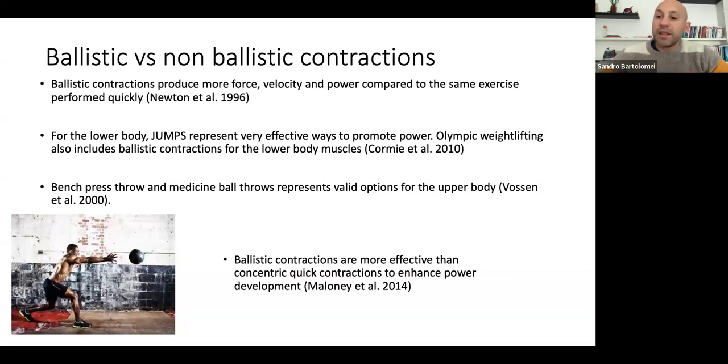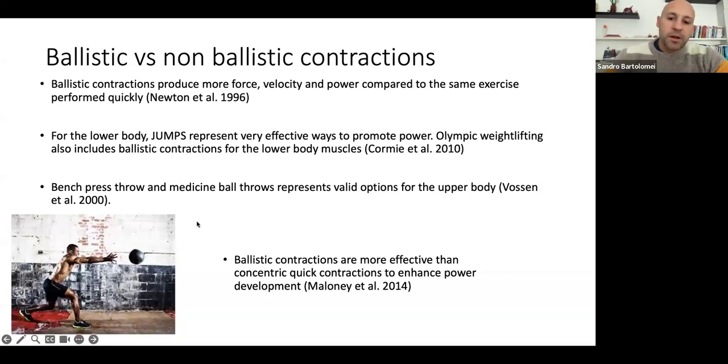Most of the time, the reason why a lot of people jump in CrossFit, especially if you are not talking about professional athletes, is to burn calories. So for that purpose, bending knees and hips may also be functional. However, if you are working to increase the maximum power, then other strategies should be adopted.